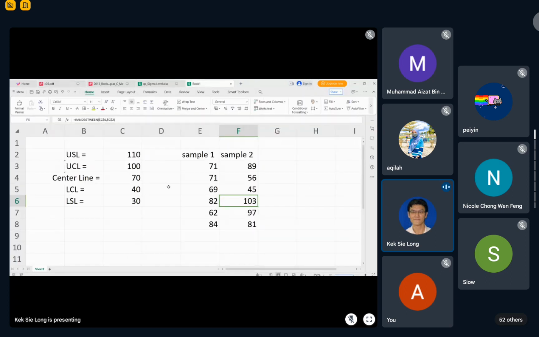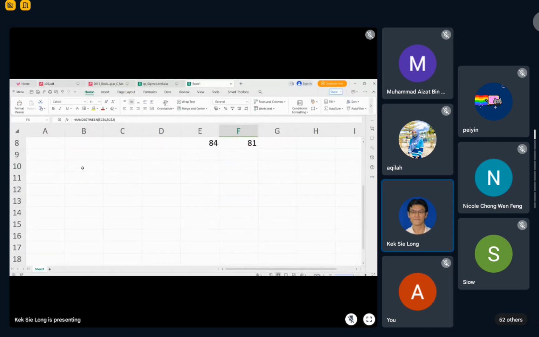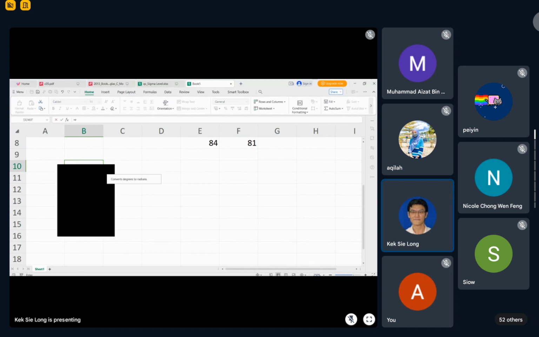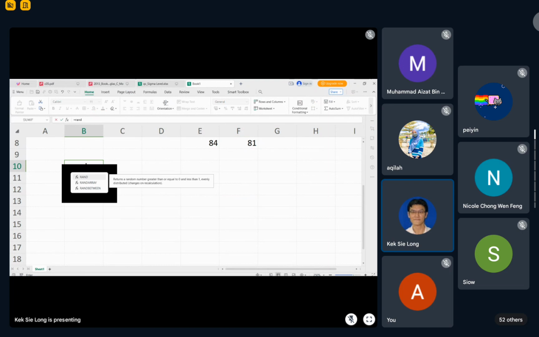Maybe we can have some simulation. Let's say I have a set of points. Okay, I have values from 100 to 200.